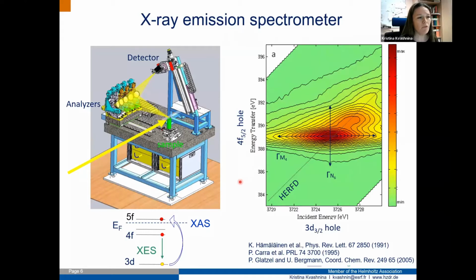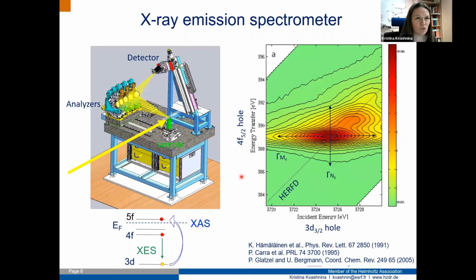In case of the M4, we can use only one emission line. This is M beta, the transition from the 4f to the 3d level, and that channel can be selected in order to record data. We name it high energy resolution fluorescence detection X-ray absorption spectroscopy, HERFD. Very strange abbreviation, but this is how it's commonly named.